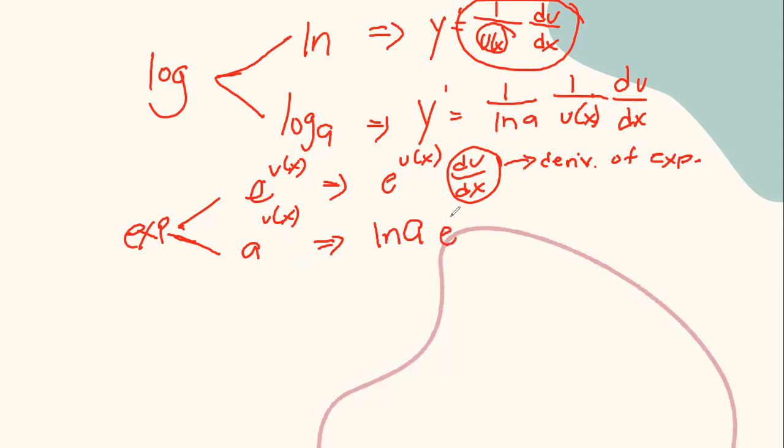Tapos, copy na e raised to u of x or a raised to u of x multiplied to the derivative of the exponent. Okay, so that is the summary for the derivative of the logarithm and exponent.